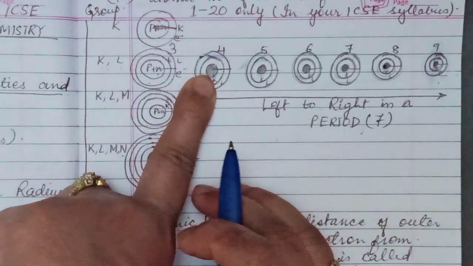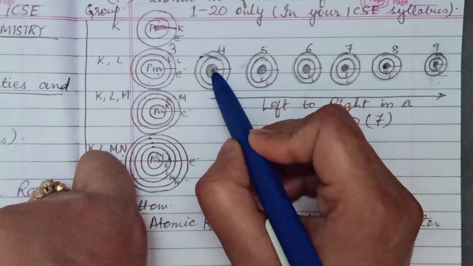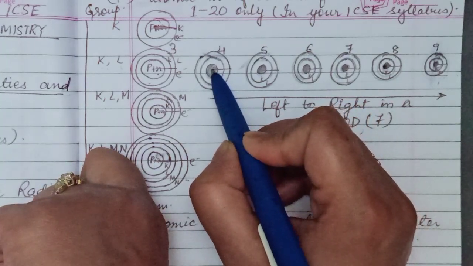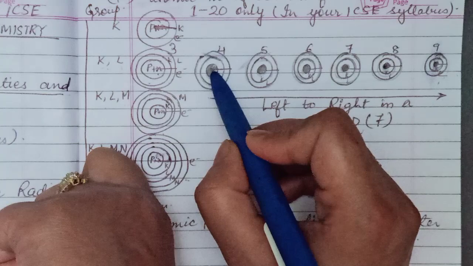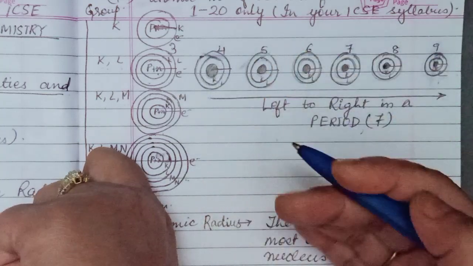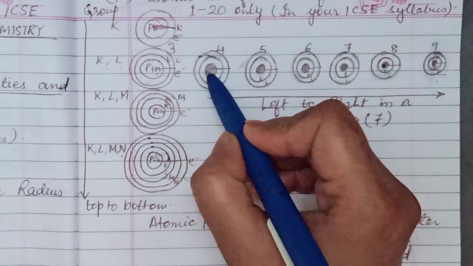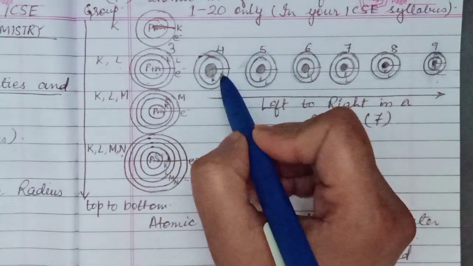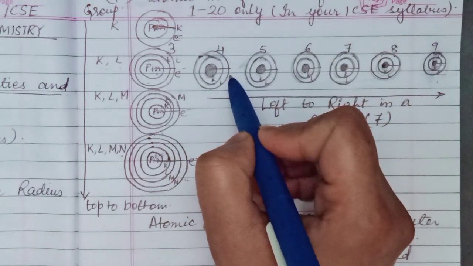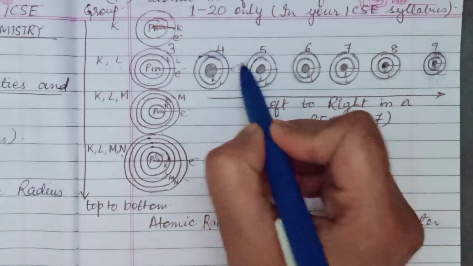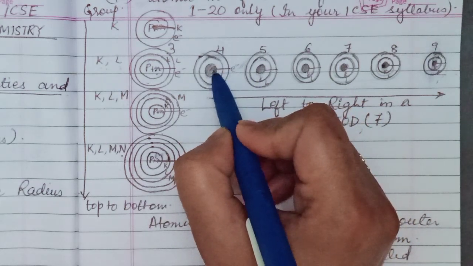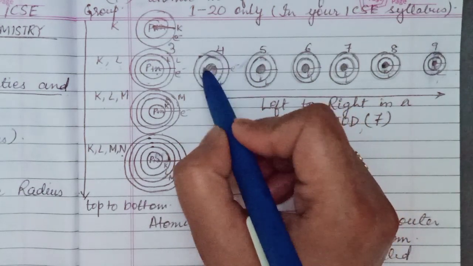Why is it less? Because here the number of protons is more, and that proton has to attract electrons toward itself, and it is still shell number 2, that is the L shell.